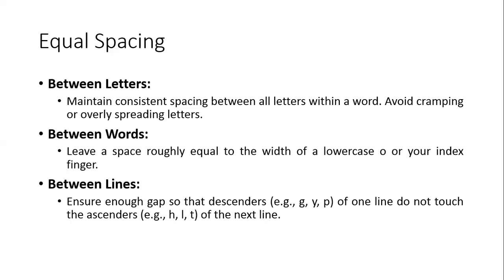This spacing problem, especially between the lines, will be seen more in unruled page writing. But in ruled writing and in a four-line book, you will not come across this kind of difficulty. While in unruled writing, you will come across this difficulty, especially between lines.